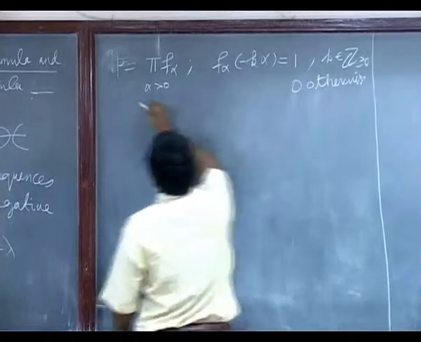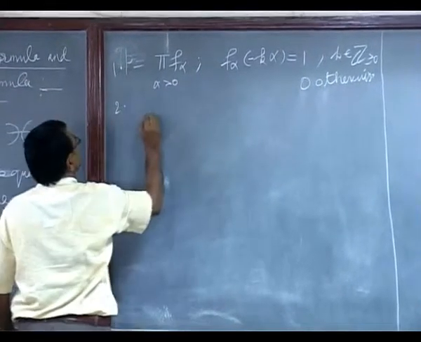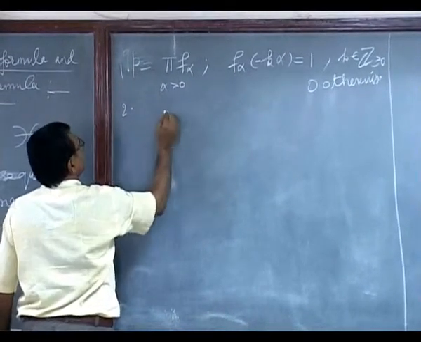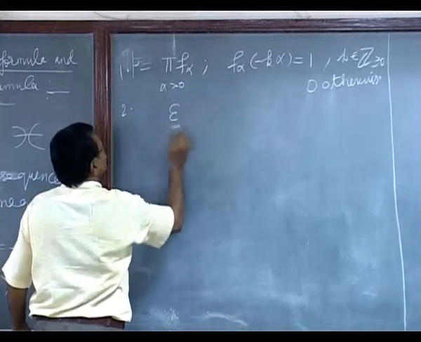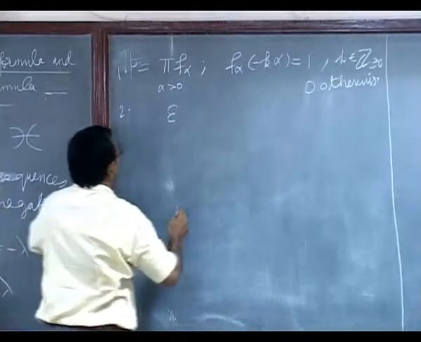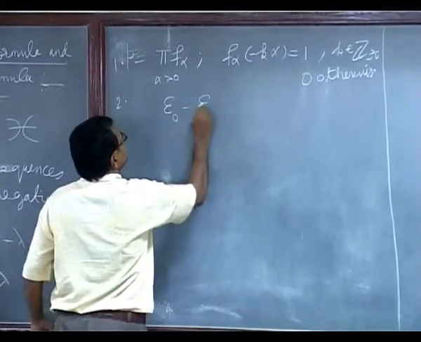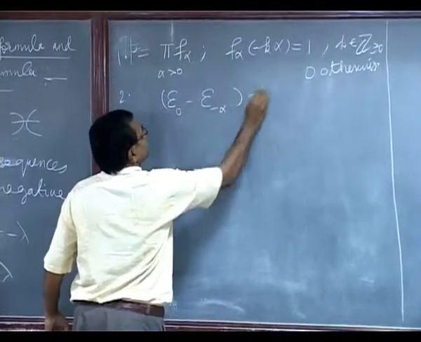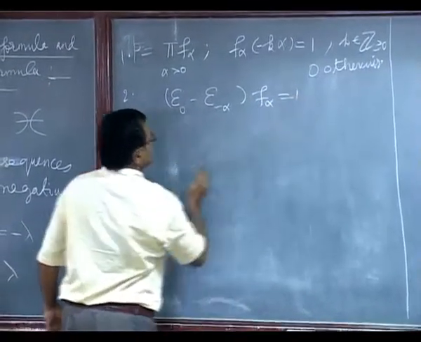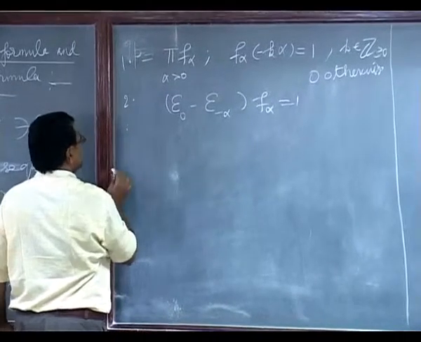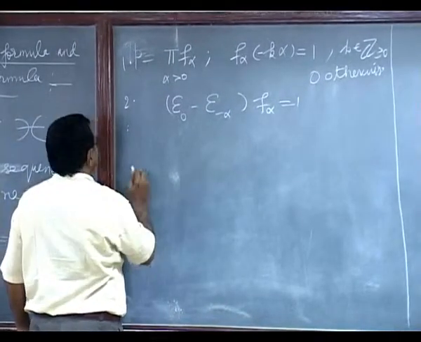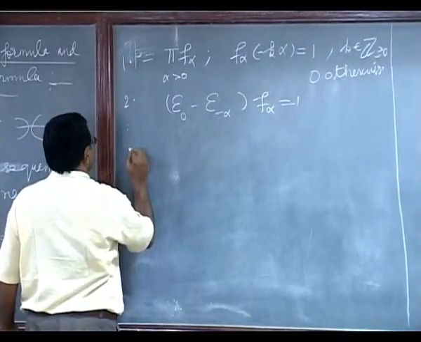So, this is one point, and we also have epsilon 0 minus epsilon minus alpha, f alpha equal to 1. And finally, the most important thing is, let me recall those two things.